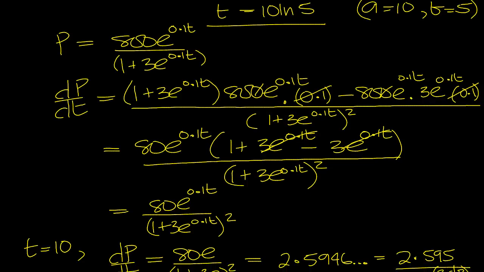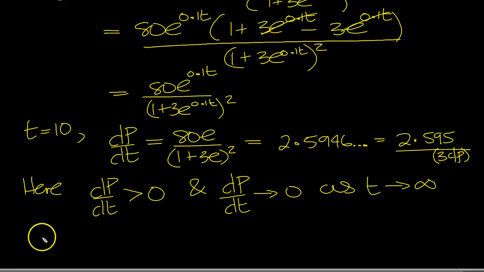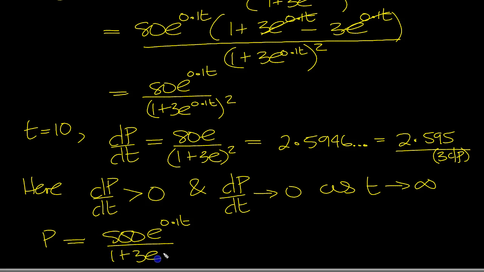So looking at the graph, p is equal to 800 e to the 0.1 t over 1 plus 3 e to the 0.1 t, which is 800 over 3 plus e to the minus 0.1 t.